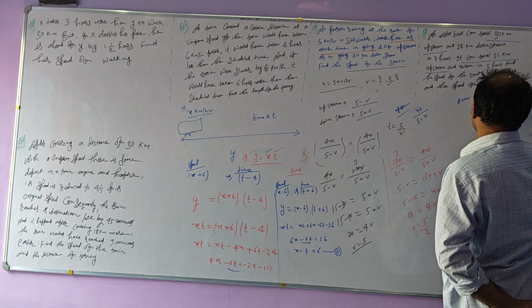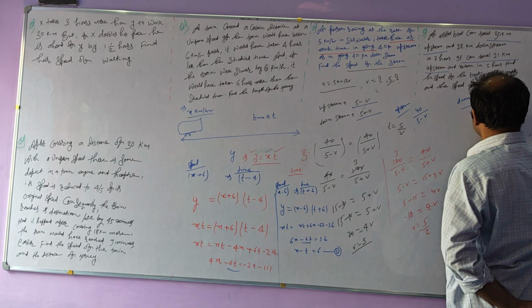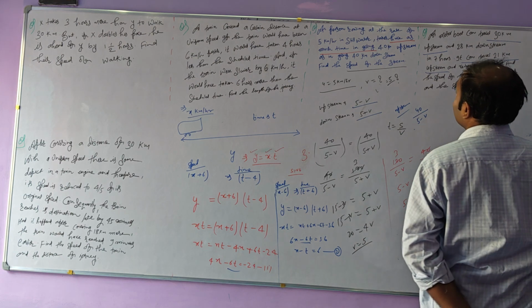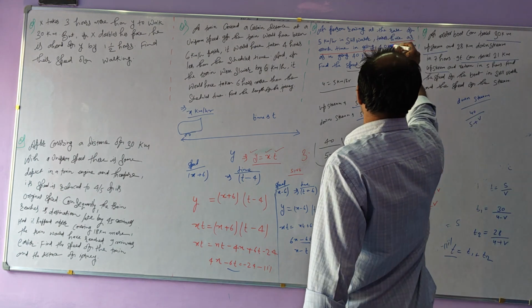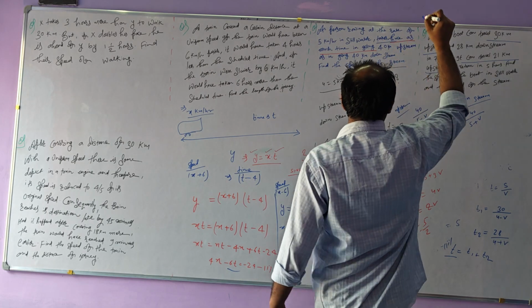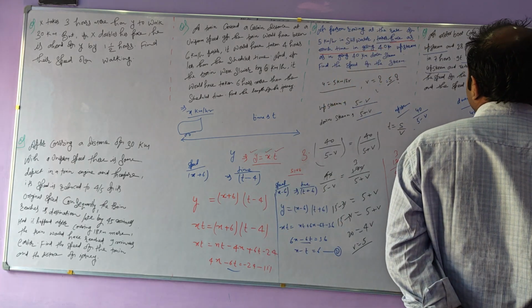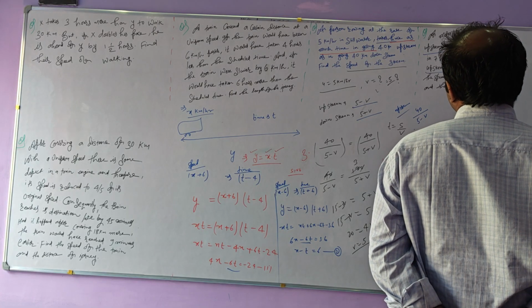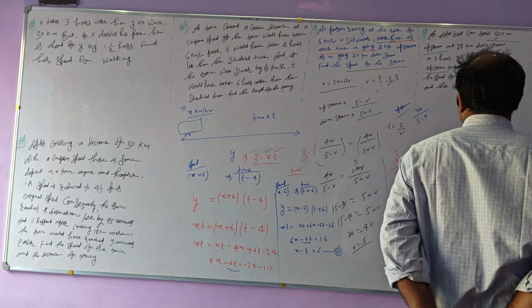Downstream we get 40 upon 5 plus b. It takes thrice as much time in going 40 kilometers upstream as in going 40 kilometers downstream.